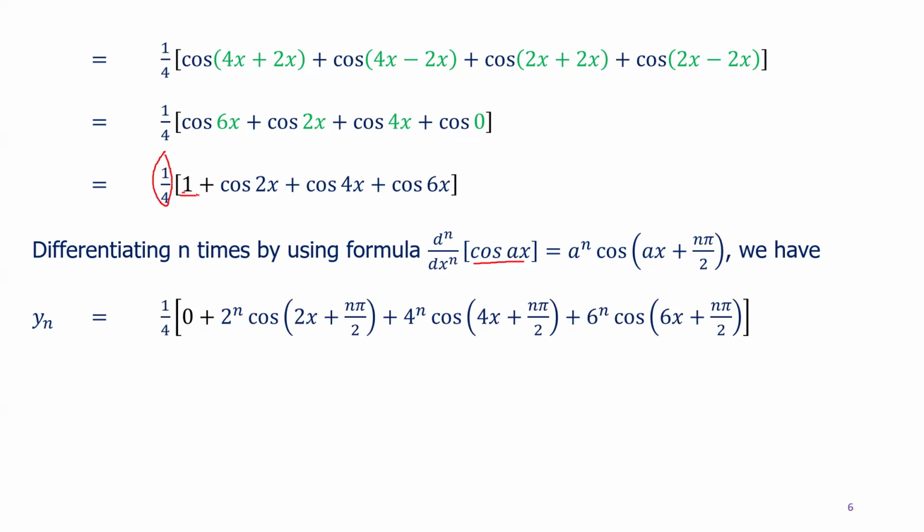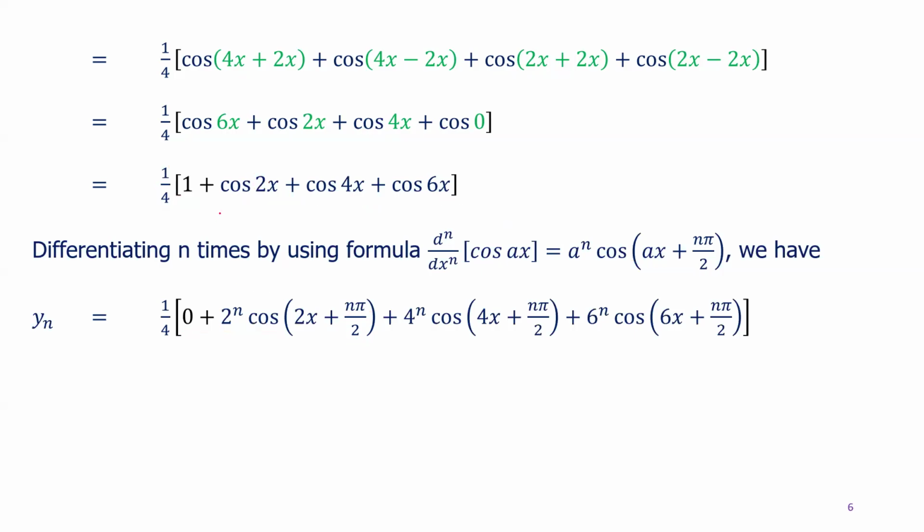The nth derivative of 1 is equal to 0. The nth derivative of cos 2x is 2 to the power n cos(2x + n pi by 2), because a is equal to 2 over here.